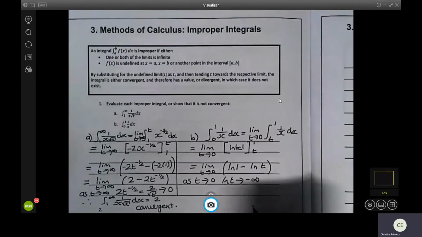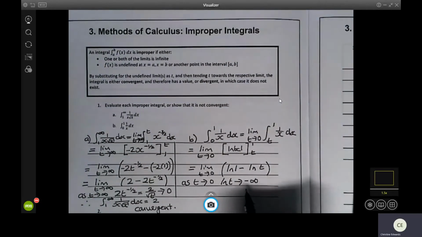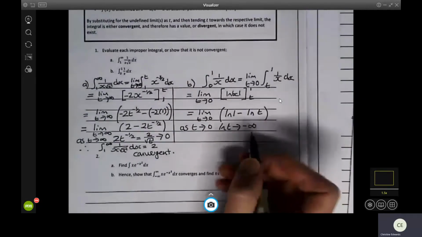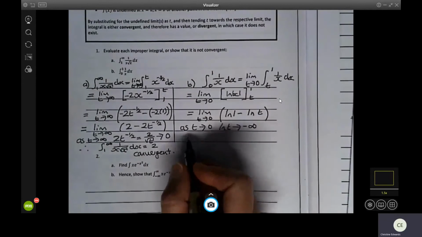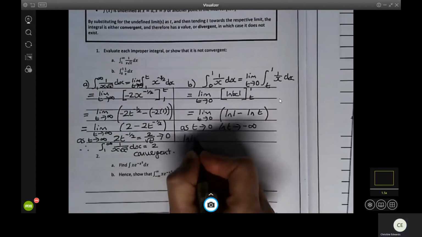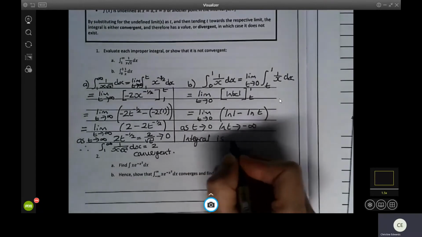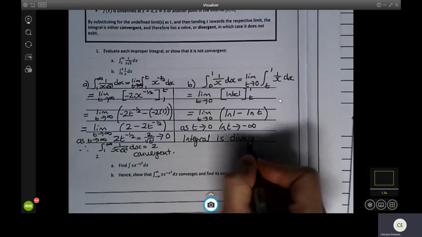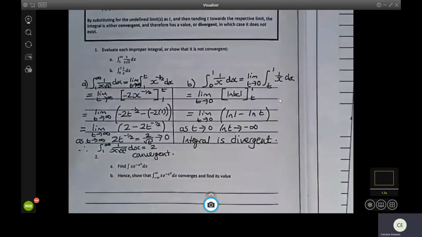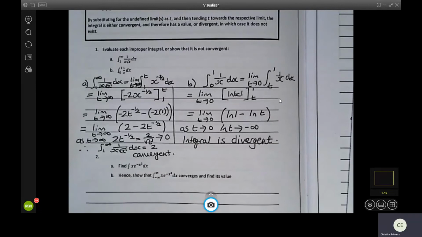So we do not have an answer that allows the integral to exist. This hasn't gone to a number. It's still undefined. So the integral is divergent, because we do not tend to a definite answer.